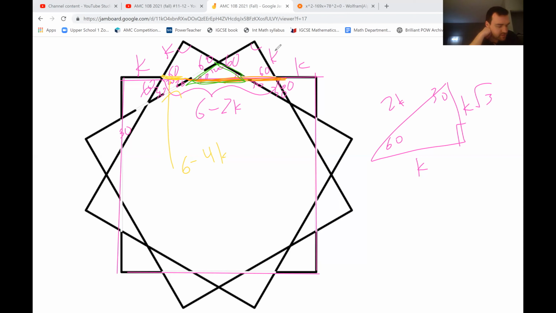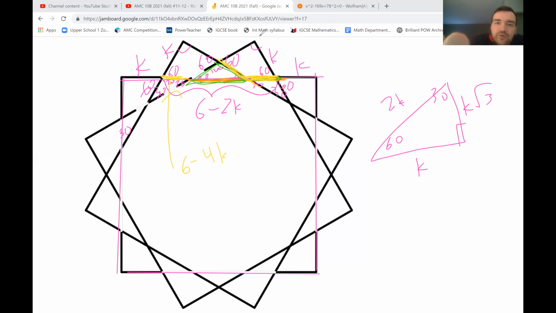So if I know that that's 2k, and then, oh yeah, if this piece here is 6, remember I said the little yellow piece is 6 minus 4k.